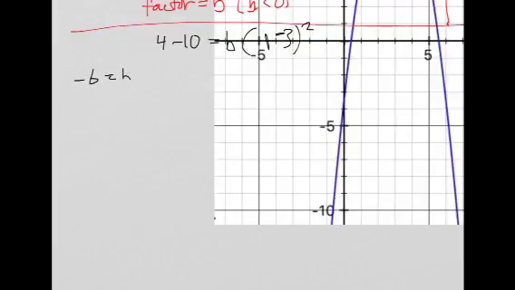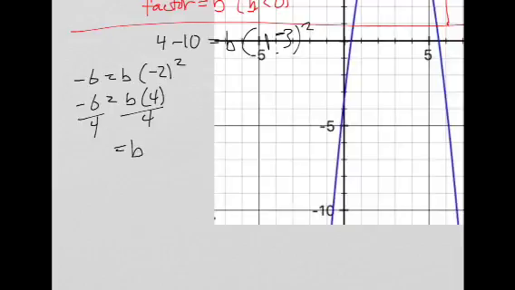And I have b times 1 minus 3, which is a negative 2, squared. So a negative 6 equals b times 4. And I'll divide both sides by 4, and I get b is negative 1.5.